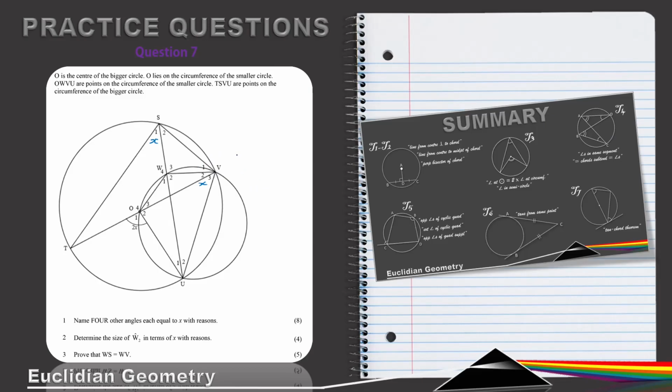And if we look at the smaller circle, we've got this angle is subtended by OU, but this OU also subtends W1. So this is also going to be equal to x.